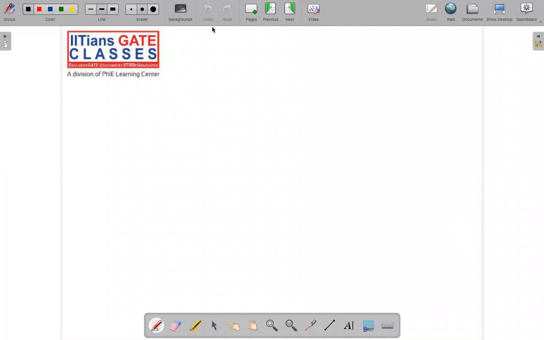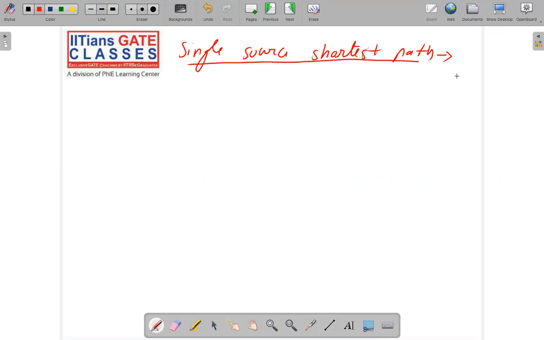Now we have a problem which is called single source shortest path. Many times you have seen this, and the application of this algorithm is mainly in networking.